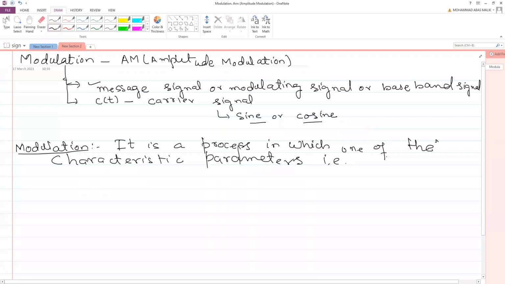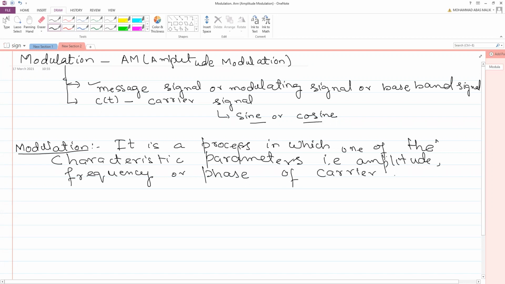They can be amplitude, frequency, or phase. That means you're changing any one of these parameters of the carrier signal, but this change should be in accordance with your baseband signal.